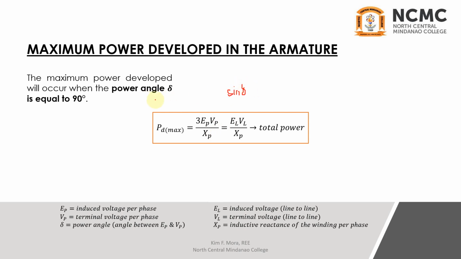At maximum power, our angle is equal to 90, so we have sine 90, and sine 90 is equal to 1. That's why in this new formula, the sine of the angle disappears. The rest is the same: 3 times the per phase voltage or EMF over XP. It is the same.